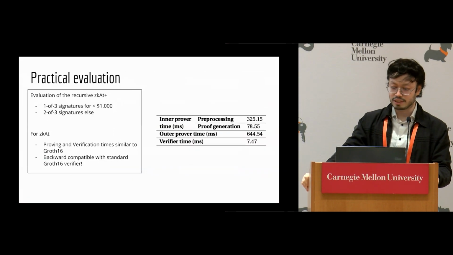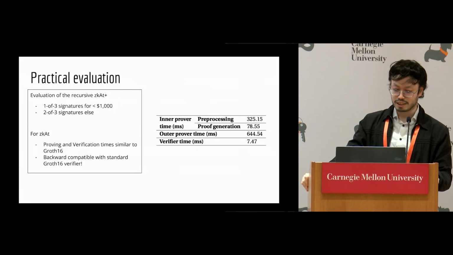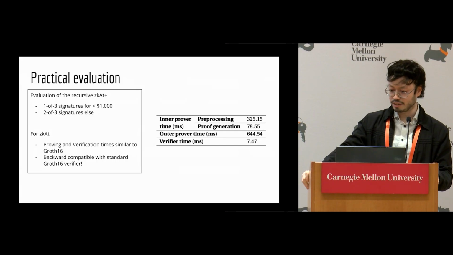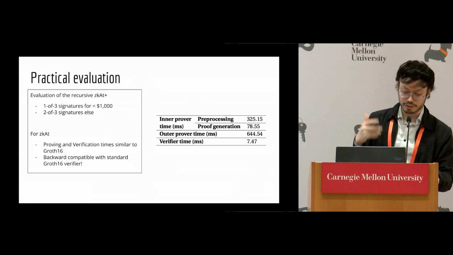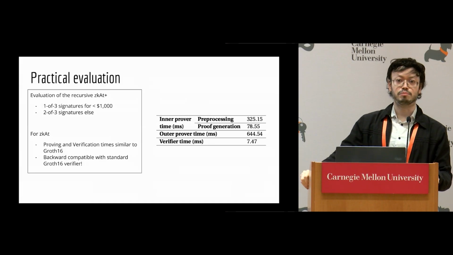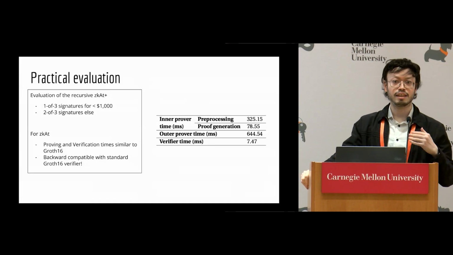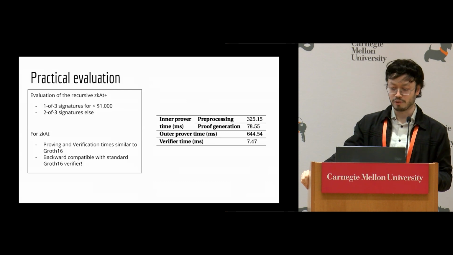So we did some evaluation of the recursive snark especially. So again, a simple signature policy, like 1 of 3 signatures for less than 1K, 2 of 3 signatures else. And got decent numbers, not as fast as threshold signatures, but still sub-second efficiency. For the equivocation-based zkAt, it's interesting to note that proving and verification times are very similar to Groth16 because it's essentially like just increasing the dimension of the QAP by 1.